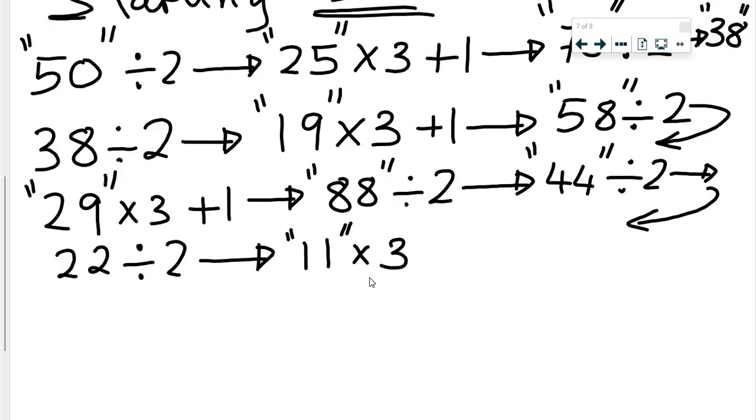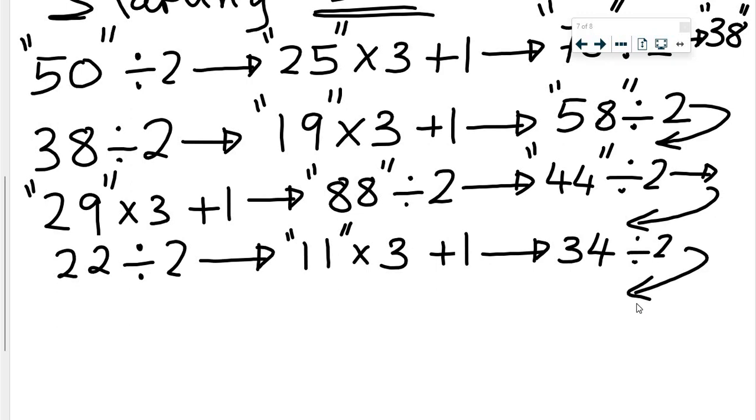Multiply by 3. The answer you get, add 1. This gives you 34. 34 is an even number. You need to divide by 2. What do you get? 34 divided by 2 is 17. 17 is an odd number. 17 being an odd number, you need to multiply it by 3.